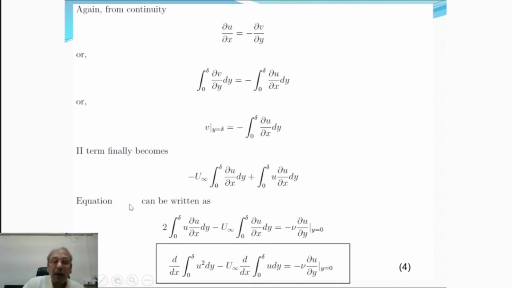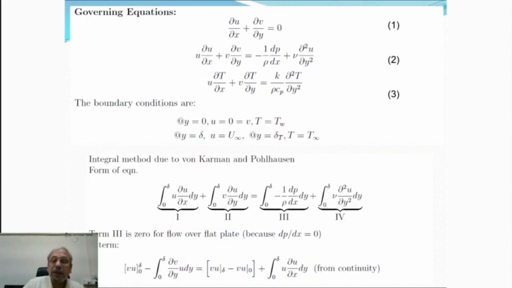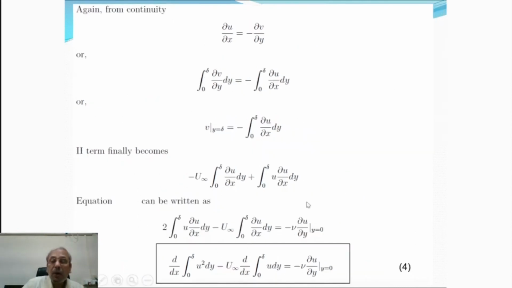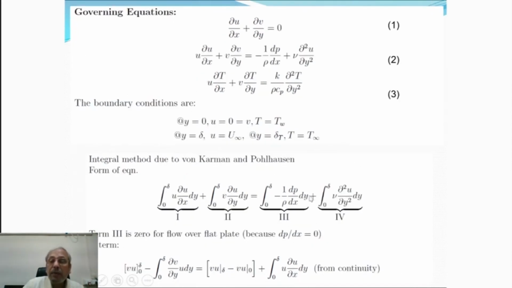So this equation now we have got, basically what is the meaning of this term. This term remains as is. This term is 0, and on the right hand side, if we integrate, we will get nu ∂u/∂y at y equal to delta minus y equal to 0.